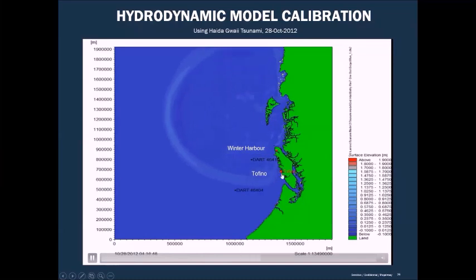It's crossing right now. So from the model, the height of the wave in this area and the height of the wave in this area, we compare from this station with our model.